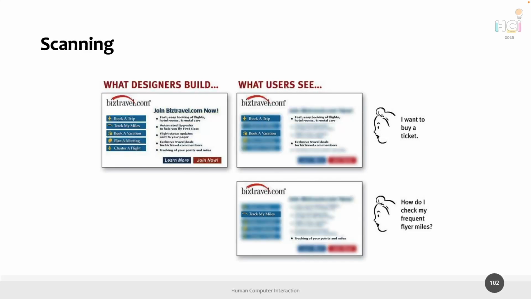Because again, people don't actually read the page, they scan the page looking for the info they are searching for. So for example, if I'm looking to buy a ticket for a concert or something else, I will probably scan the interface looking for some keywords like buying or ticket. So we scan the page looking for this kind of keywords that are associated to our task, and the other parts of the interface are simply invisible to the user.